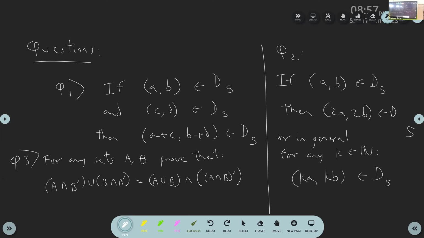Let me briefly explain the last problem because I actually want to cover this, but I ran out of time. What is this set talking about? I'll just draw the Venn diagram of the left hand side.